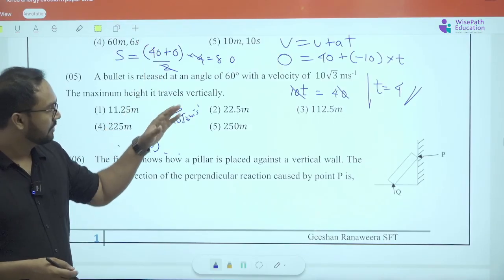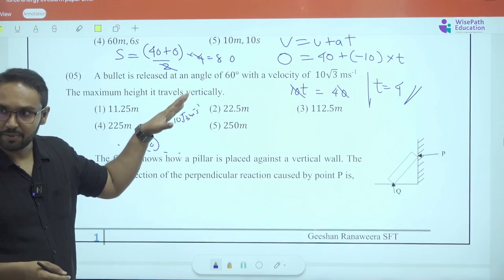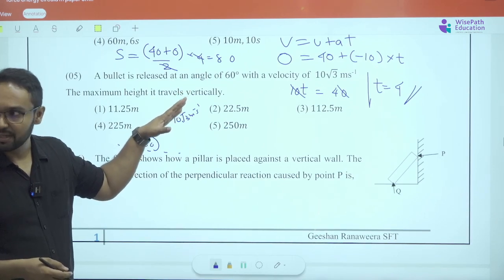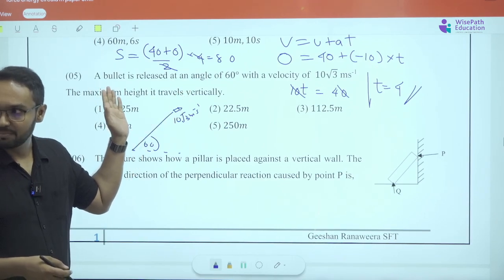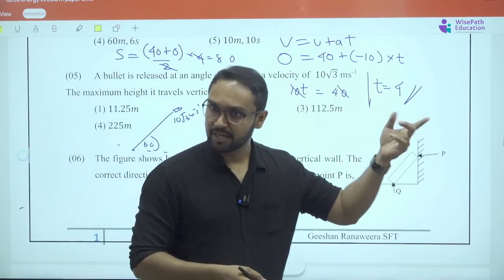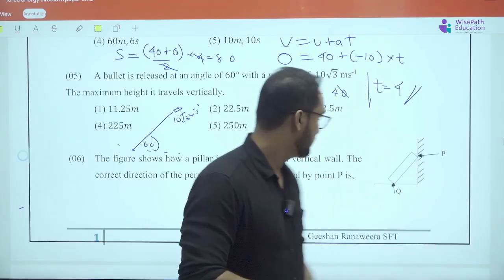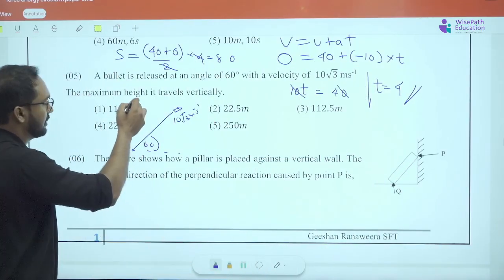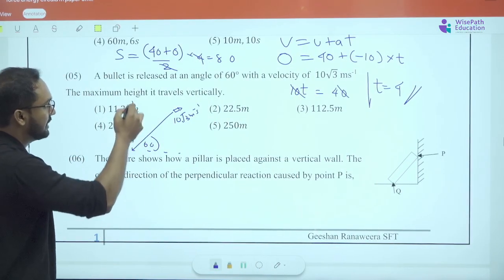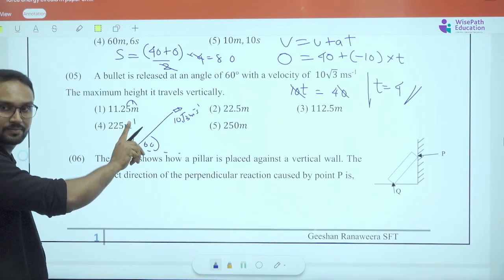You can't use this velocity directly. Instead, you have to take the vertical velocity component and apply an equation, so you can get the height it reaches. So what is the component acting vertically here? That is sine.